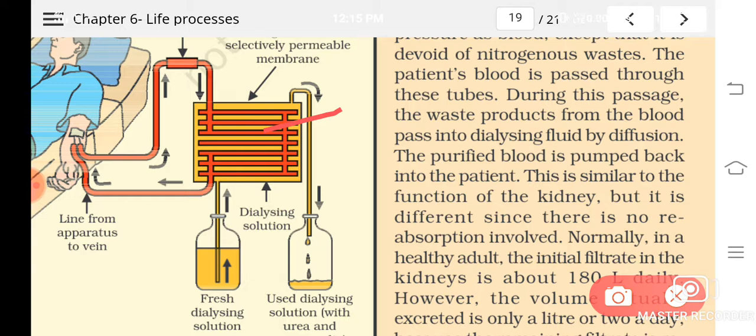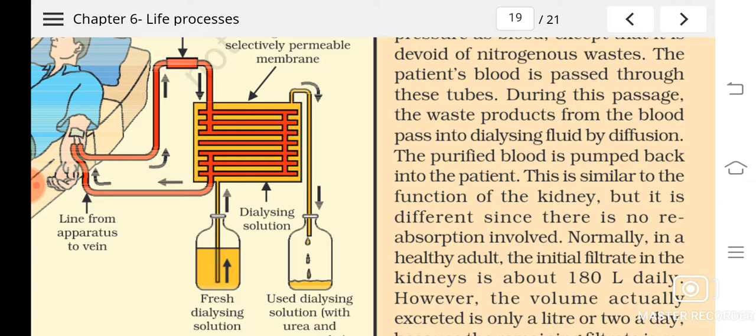The tubes are made of selectively permeable membrane, so the waste materials can diffuse easily into the solution. Understood? And the purified blood will be pumped back into the body of the patient. In nephrons, tubular reabsorption also takes place, but here there won't be any reabsorption.